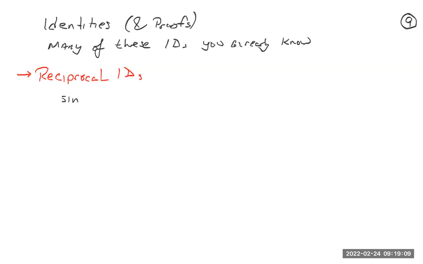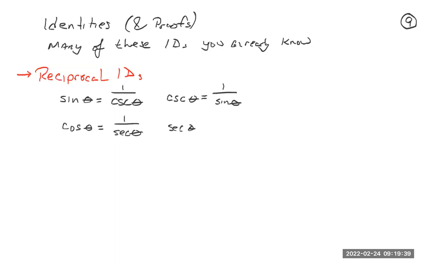And you know that the sine of theta is the same thing as 1 over the cosecant of theta. And so it follows that the cosecant of theta is the same as the reciprocal of sine of theta. Cosine theta is the same as the reciprocal, or 1 over secant, making secant 1 over or the reciprocal of cosine.